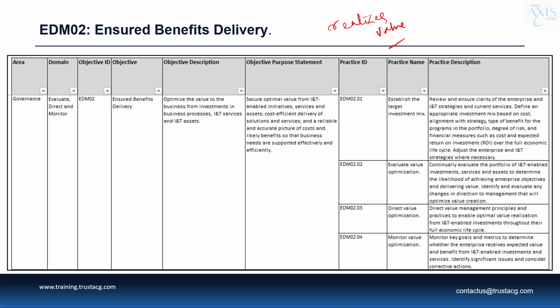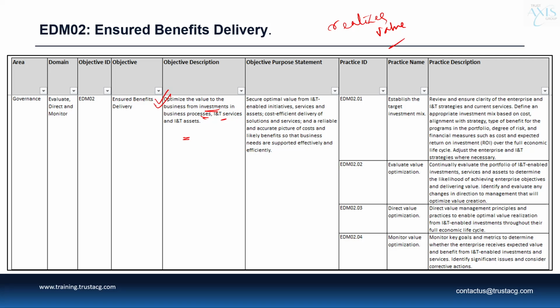Okay. So let's understand the overview of this particular governance objective, and what are the practices and the activities enclosed within it. The overall objective is to optimize the value to the business from the investments that are done in business processes, your IT services, and even your IT assets.